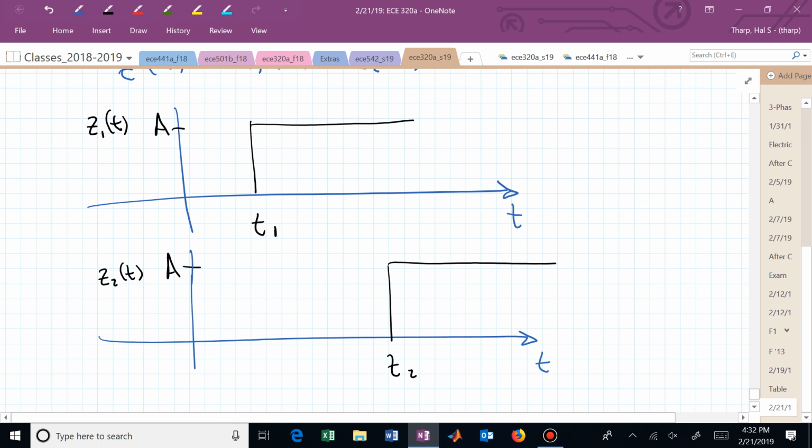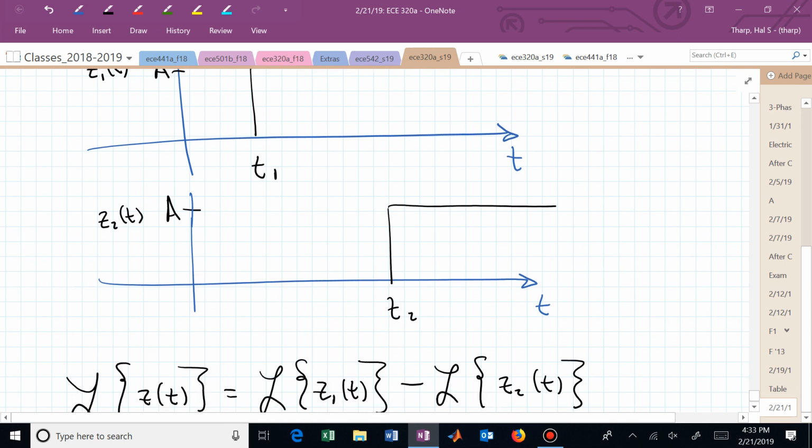And what's the Laplace transform of z sub 1? What's the Laplace transform of a unit step? That was the second row in our quiz, wasn't it? 1 over s. Now we scale it by A, it's A over s, but now we've delayed it by t1. Do you remember what happened when we delayed Laplace transforms?